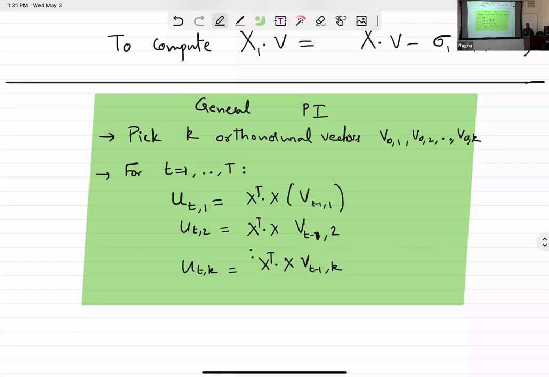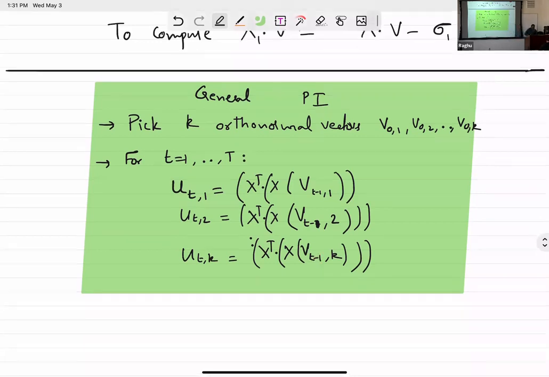Instead of doing them one after the other, you're doing them in parallel. And as usual, we always compute them the right way. So that's the rough idea. Why should I wait for one to finish and then peel it off and do something? I can try to do them all together.